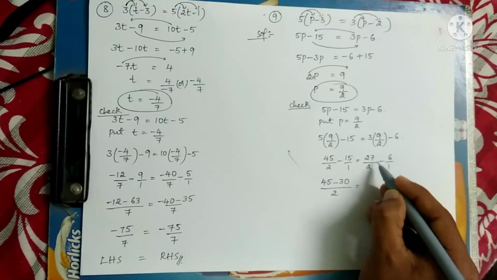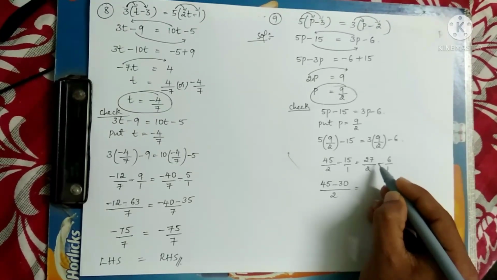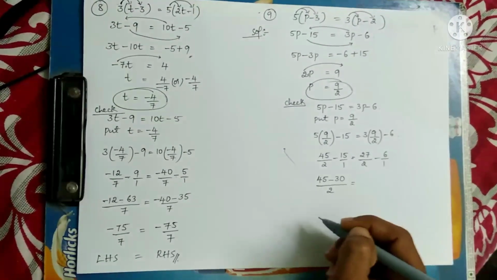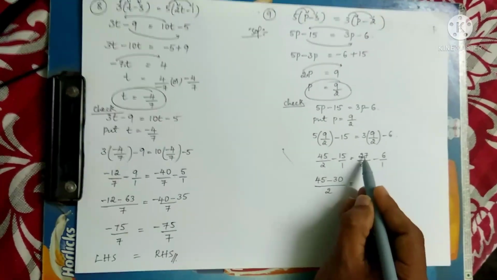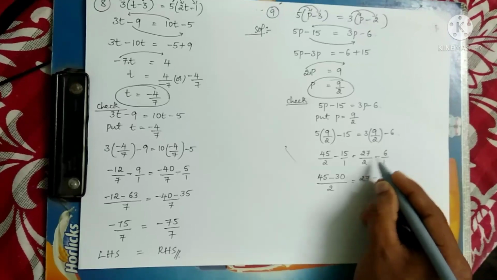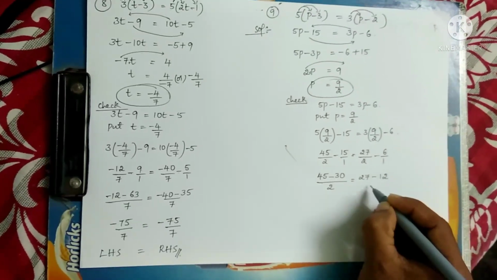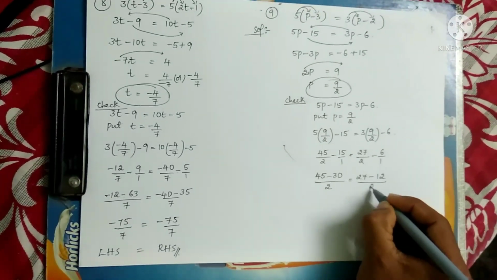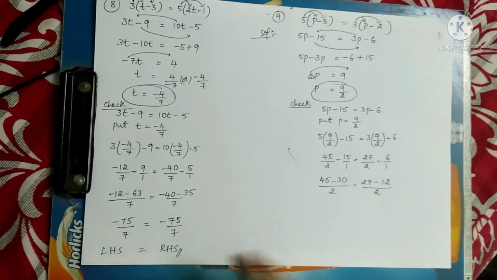By taking LCM we can multiply each term with 2 and divide by 2. 27 into 1 is 27 minus 6 2s are 12 by LCM 2.